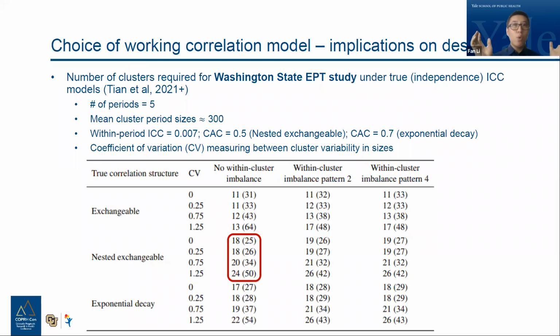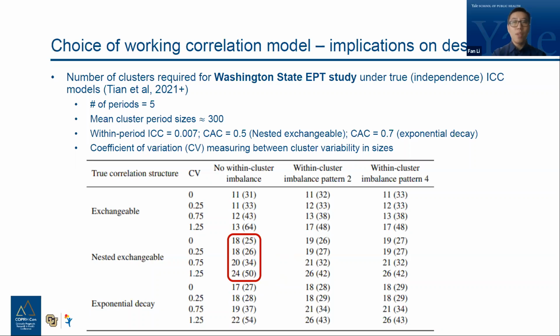And this relative efficiency can also have important implications on designing SW-CRTs. For example, in this table, we present a set of illustrative calculations of the required number of clusters in the Washington State EPT study to achieve 80% power under a wide variety of design configurations, such as the ICC value as well as the CAC value, and a list of assumptions on the true correlation model. In the parentheses, we present the number of clusters required under an independence working correlation, and outside of the parentheses, we present the number of clusters required assuming the true correlation.